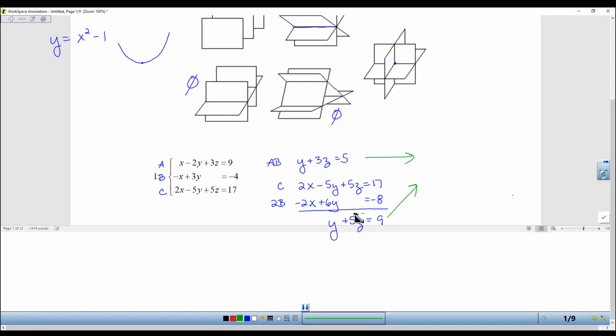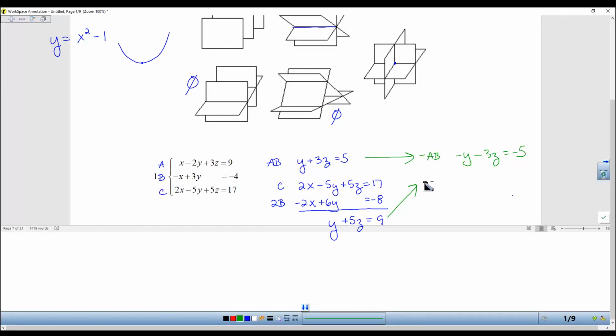Now I can take those two equations and put them together. But if I put them together right now, nothing will cancel. So I'm going to do negative AB, which is negative y minus 3z equals negative 5.